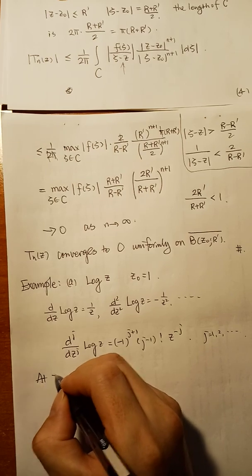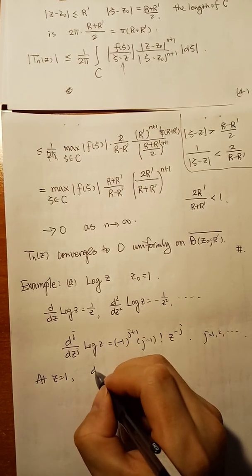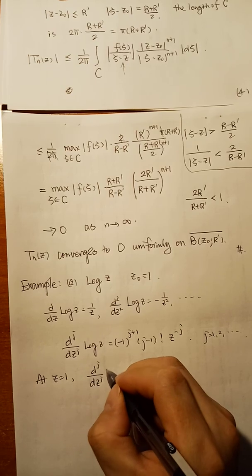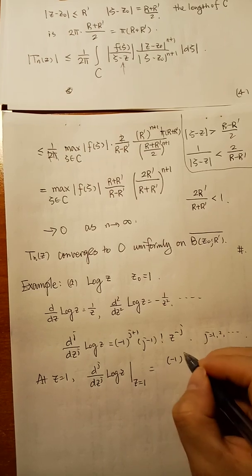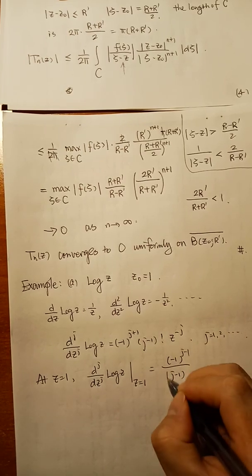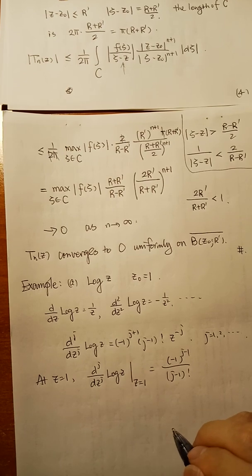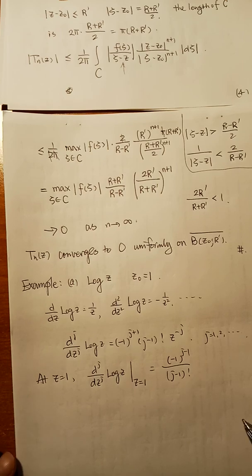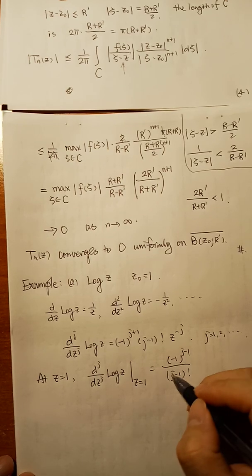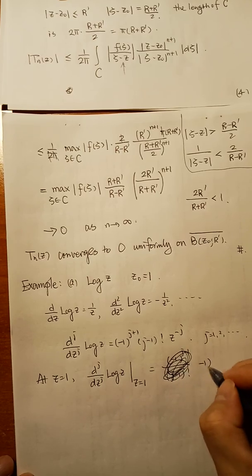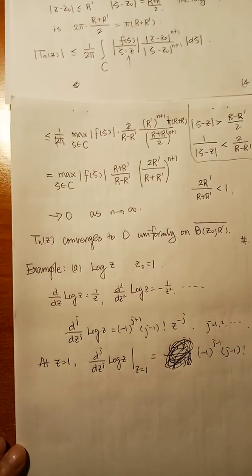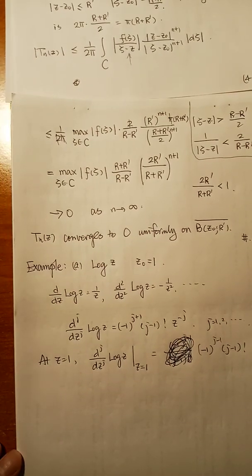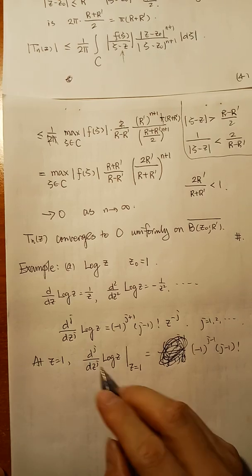At 1, the jth derivative of log z is just negative 1 to the j minus 1 times j minus 1 factorial. Sorry, my bad, it's not over; j minus 1 factorial is a multiplication from here. Okay, so this is the jth derivative.